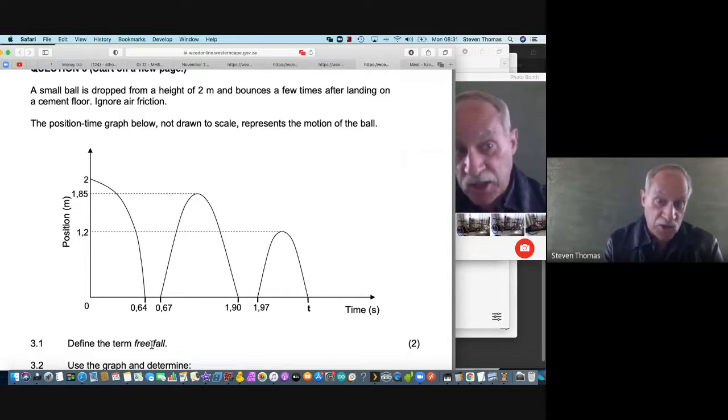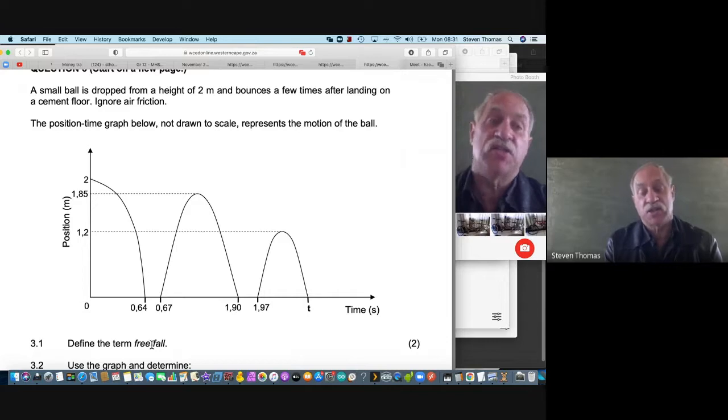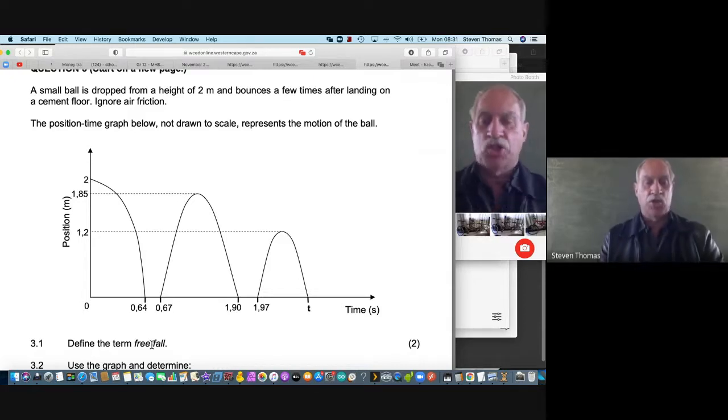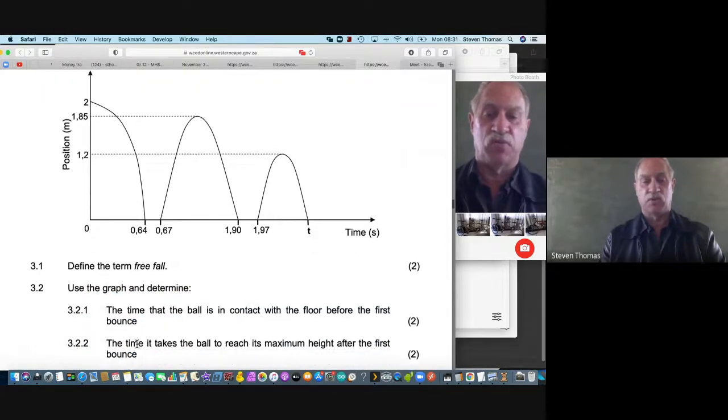The other way they're going to try and catch you is they're going to ask, does the acceleration change if it's going up or down? No, the acceleration is always 9,8 and it's always down. So those are the 2 things. So how are you going to define it? I would always go and look at the memo, look for the definitions, but it's: an object in the air experiences just one force, and that is the force of gravity.